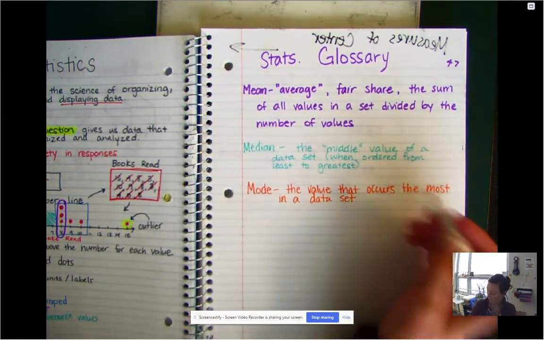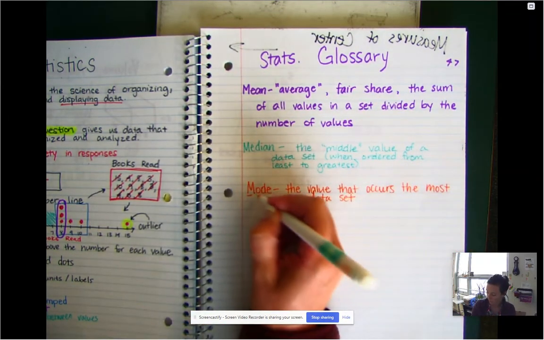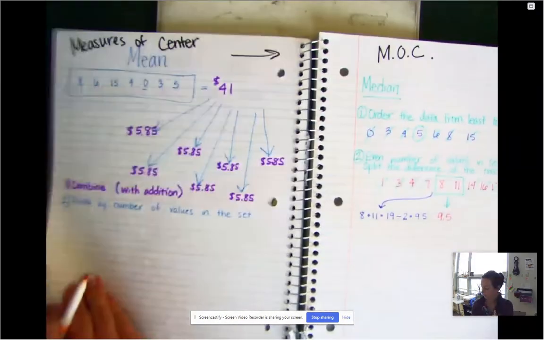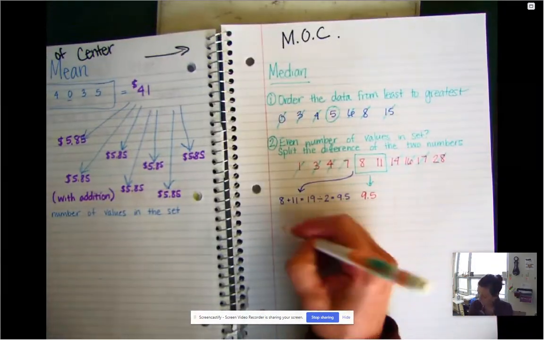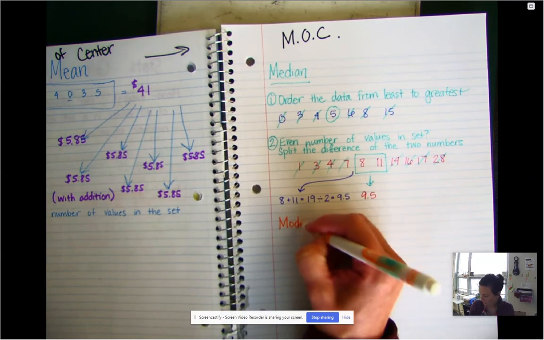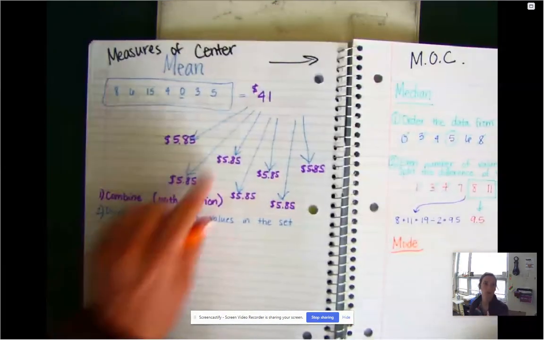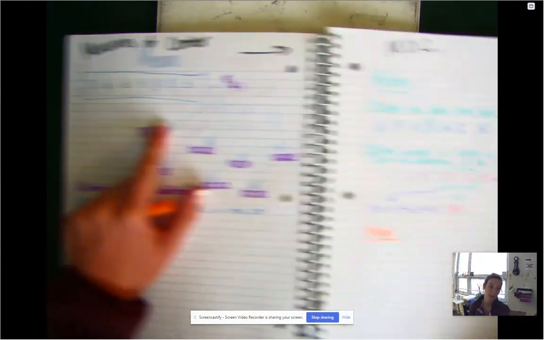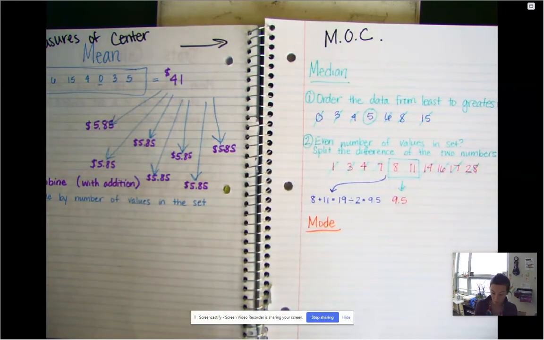And so I think of most often, mode. So if we come over here, the data set I started us off with doesn't work very well because all the numbers occur exactly once. So that means those are all the mode.